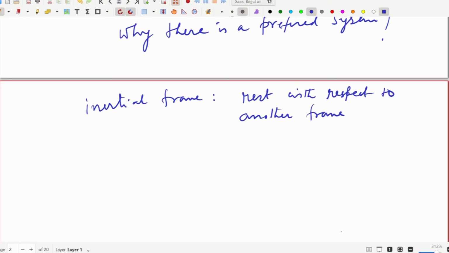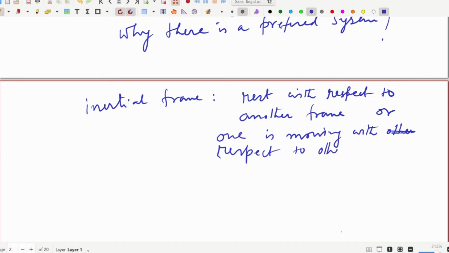If you have two frames that are mutually at rest, or one is moving with respect to the other with constant speed, they are called inertial to each other, and Newton's law has to be valid only in the inertial frame.